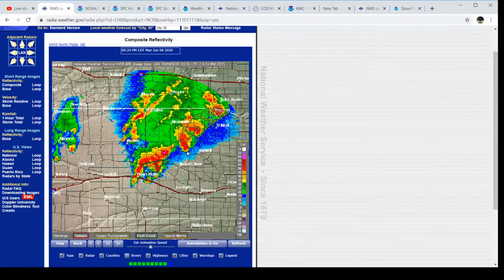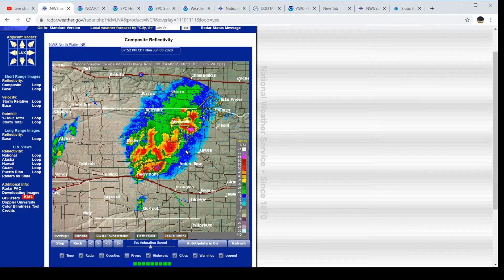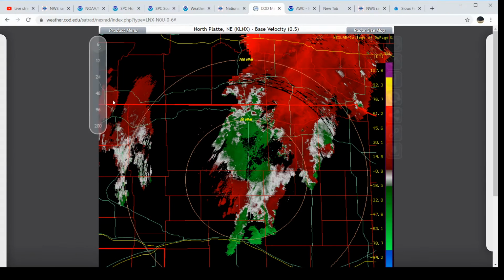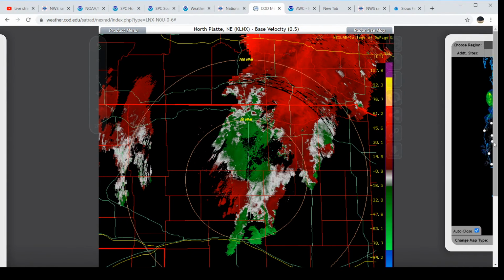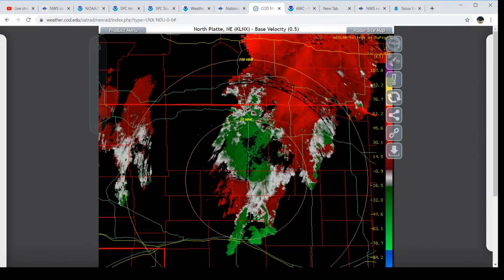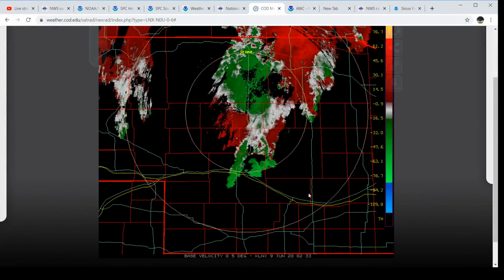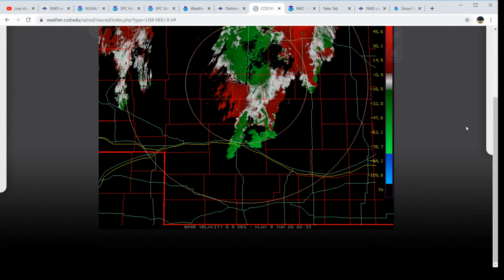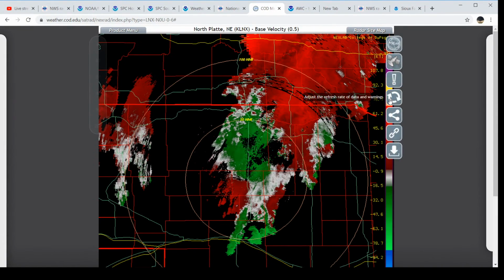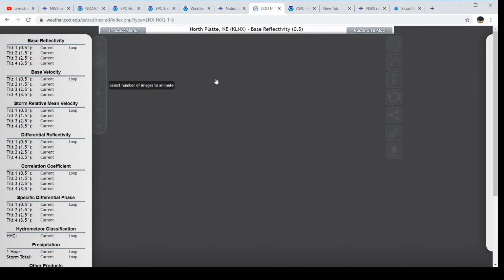Oh wow, that developed a new hail core. Makes you wonder if it's trying to regenerate or something. Refresh! Or is it refreshing? I don't know. Why are we not looping? Loop.